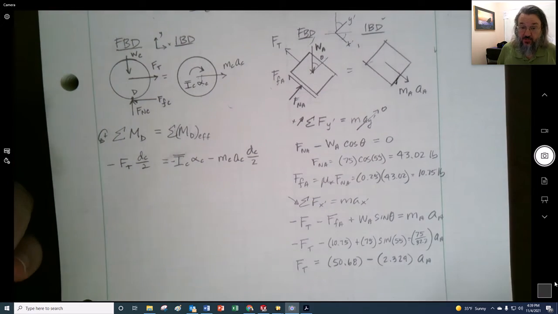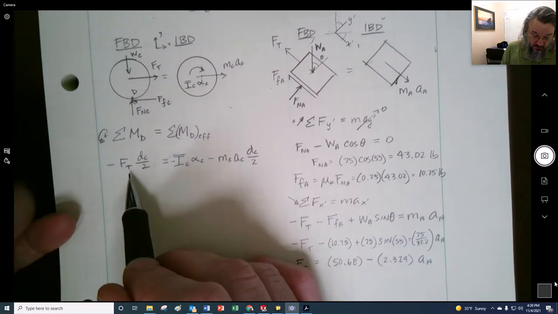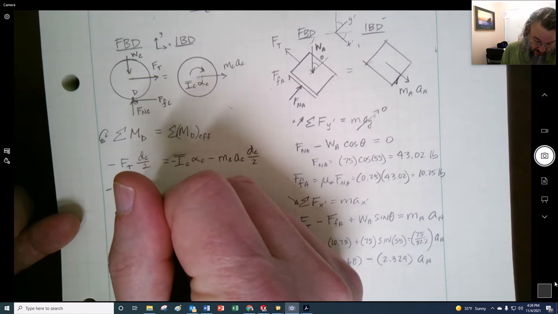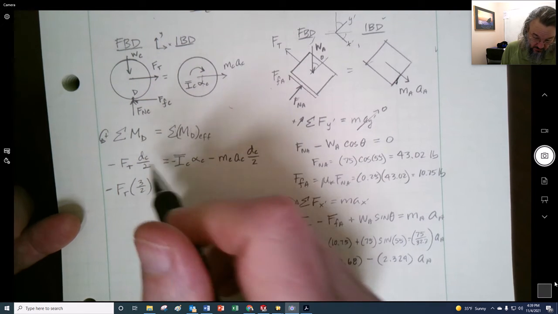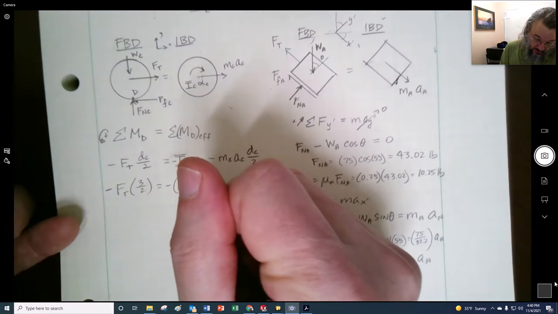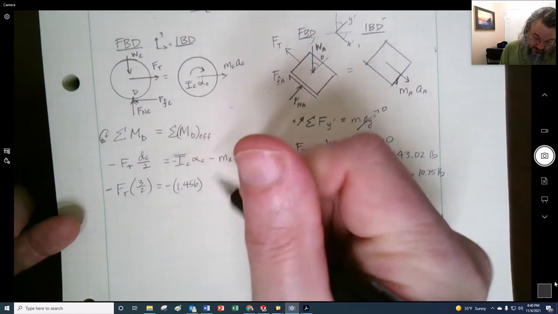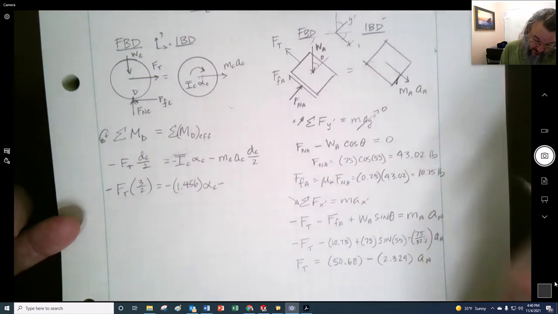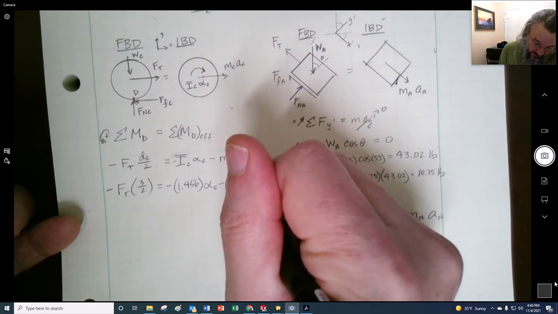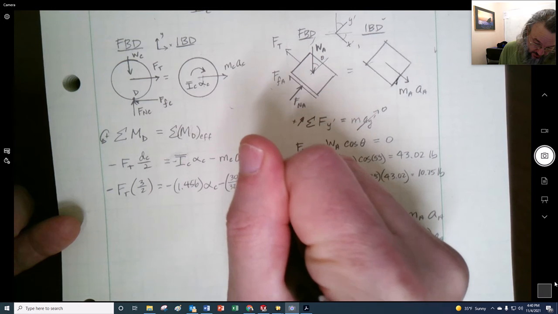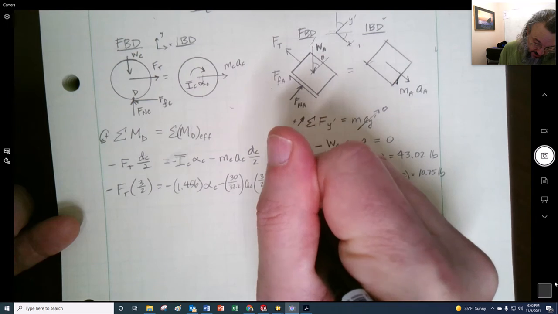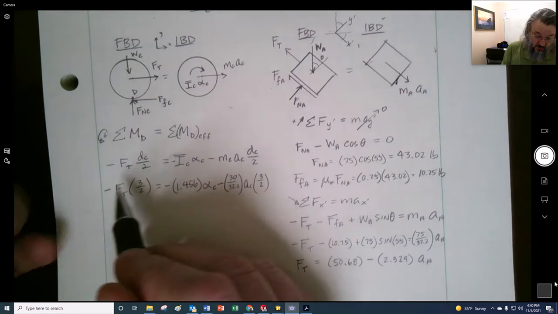All right, so we're going to keep that. We have two unknowns, and this is one of our unknowns up here. So we have a negative Ft times r3 divided by 2, and it's going to be equal to negative 1.456 alpha c minus 30 divided by 32.2 acceleration of c, and then we're going to have 3 divided by 2 in there, where all these negatives are going to cancel out.